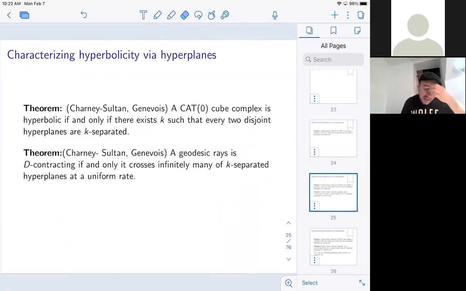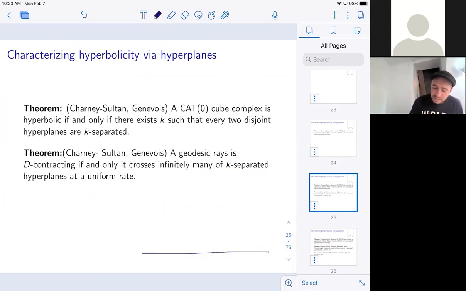Okay, now we discussed the notion of a contracting geodesic earlier. That notion is interesting for so many reasons, maybe I don't have time to get to them now. But a theorem due to Charney, Sultan, and Genevois, in slightly different contexts, shows that a geodesic ray is contracting if and only if it crosses infinitely many k-separated hyperplanes at a uniform rate.